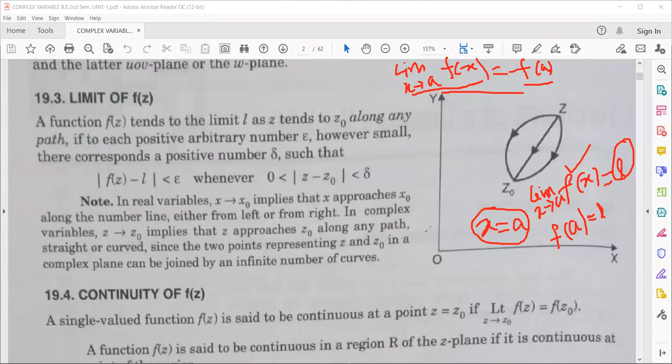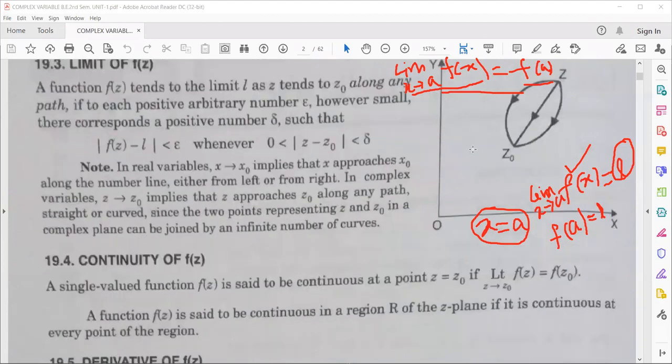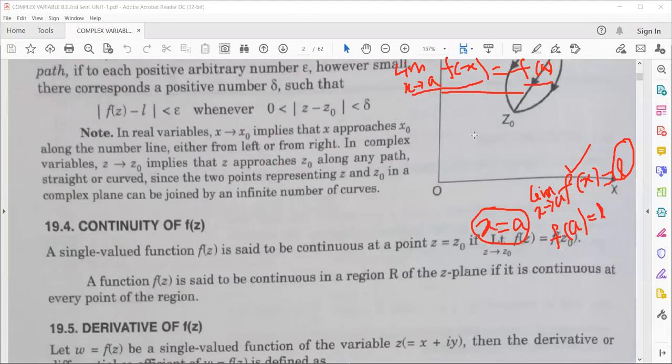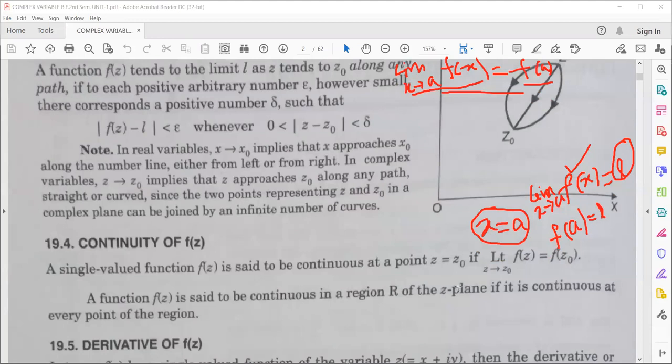The same concept, if you use it in another way, will be like this. As I already told you, you have a function in terms of a complex number, a function f(z), and you need to check the continuity at the point z is equal to z0.